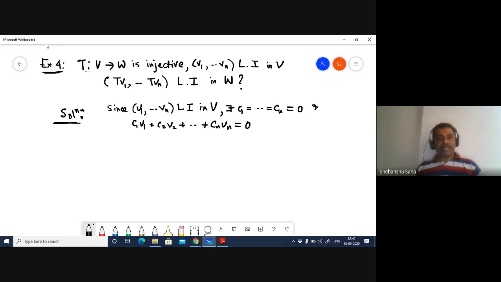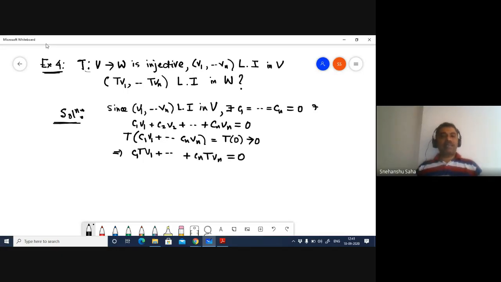Now T is an injective map, and it's linear, so I just apply it here. T of 0 must map to 0, right? And so therefore, this is C1 TV1 plus Cn TVn equal to 0, using the properties of linear transformation.